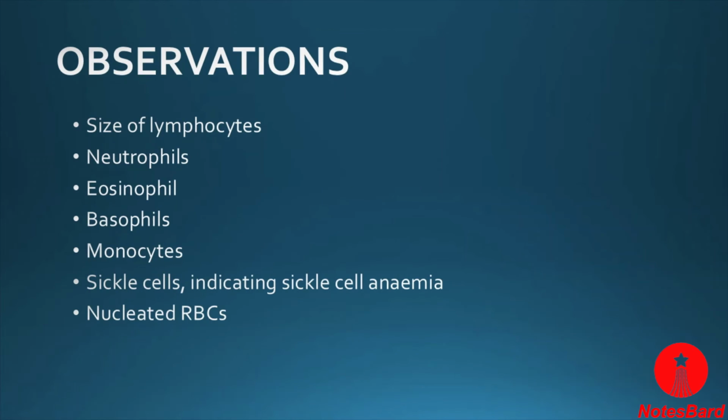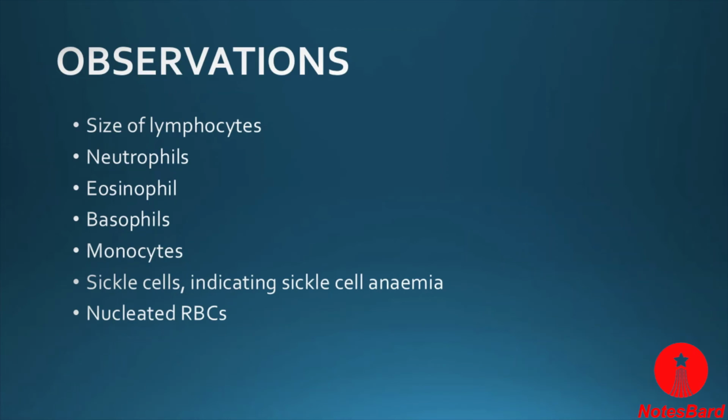Now there are several observations made on the basis of the blood smear test. These include the size of lymphocytes, neutrophils and eosinophils. On the basis of the size of these types of WBCs, diseases or infections in the patient can be diagnosed. An increased size of lymphocytes, neutrophils and eosinophils indicates an infection in the patient.